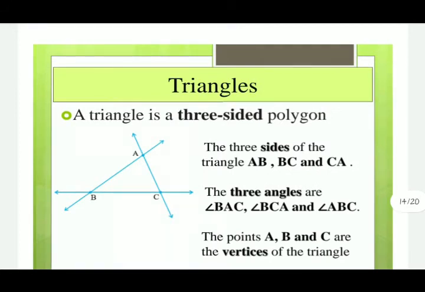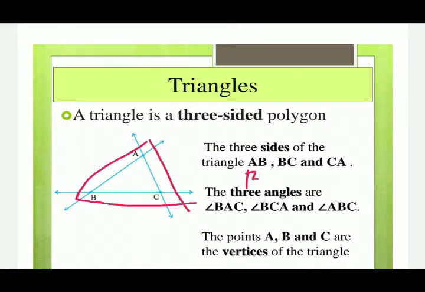Triangles. A triangle is a three-sided polygon. The three sides of the triangle are AB, BC and CA. Here you can see in the diagram that there are three sides AB, BC and AC. Here AB can be written as BA also, BC can be written as CB also, and CA can be written as AC also.